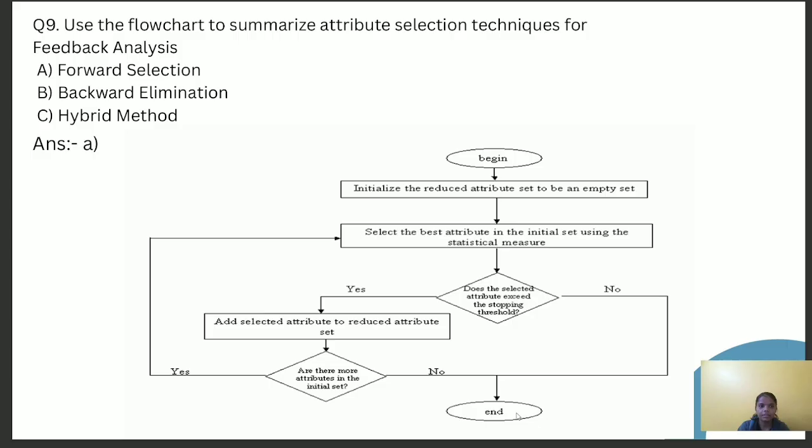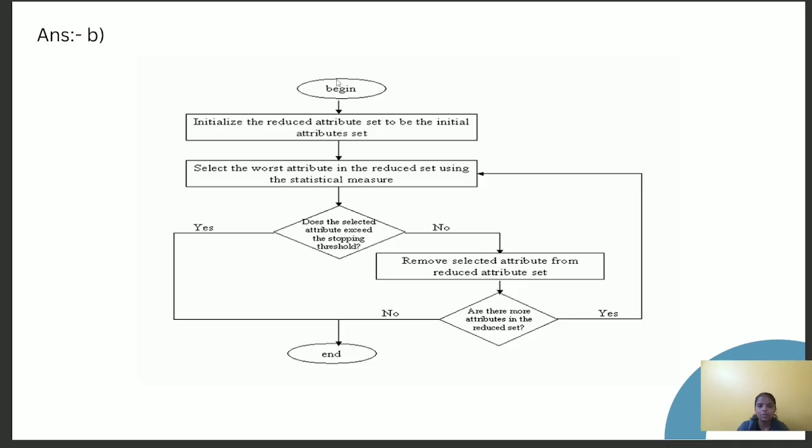The second one is backward elimination. In the beginning, we initialize the reduced attribute set to be the initial attribute set. Then we select the worst attribute in the reduced set using the statistical measures. Then: does the selected attribute exceed the stopping threshold?